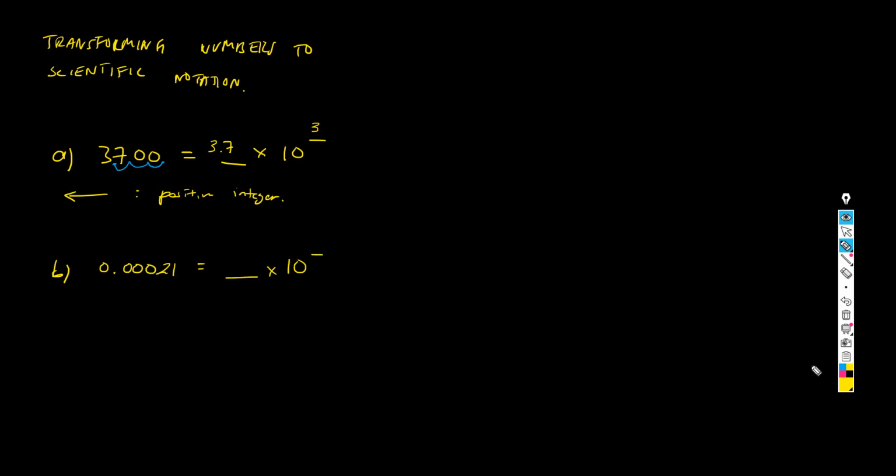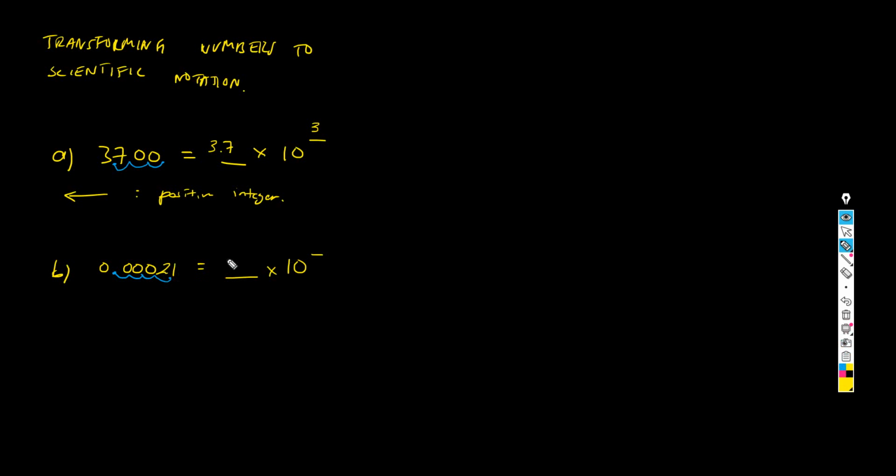Once again, locate your decimal point, which is right here, and move either to the left or to the right as many places as you need in order to encounter a number between 1 and 10. It's very simple. So we move 1 place, 2 places, 3 places, 4 places. And I'm gonna stop right there because now my number reads 2.1.